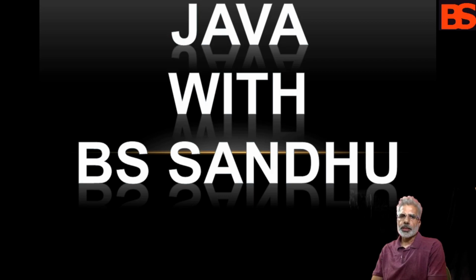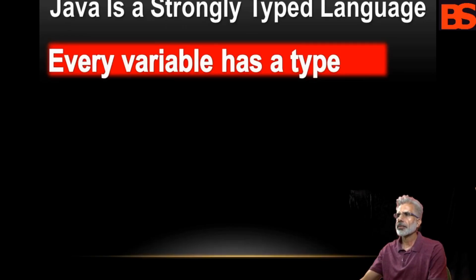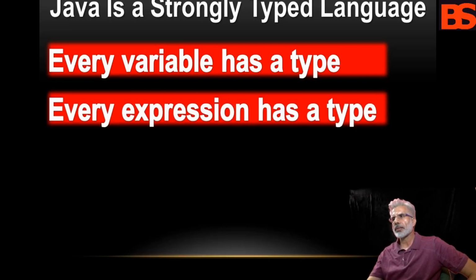Hello guys, in this lecture we will discuss the data types available in Java programming. Let's start. Java is a strongly typed language. What does this mean? Every variable has a type. Every expression has a type.